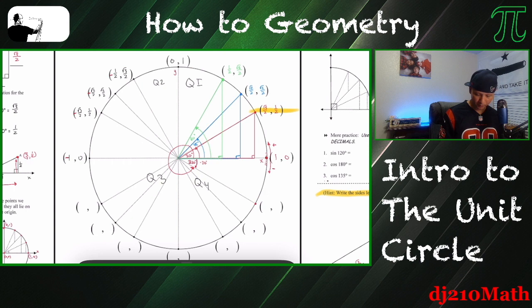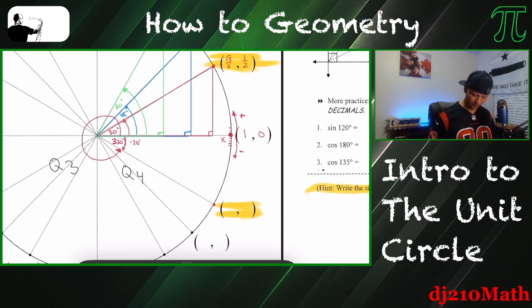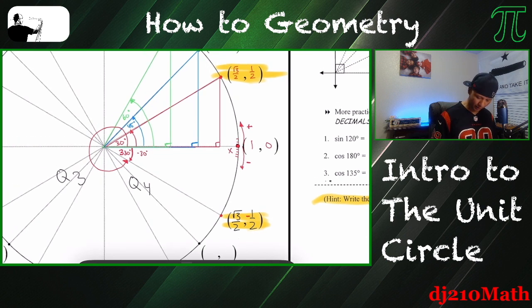Okay, so whatever this first one is, correct, because this is 30 degrees, then this one's going to be the exact same coordinate. The only difference is now we're below the x-axis, so that means y is going to be negative and x is going to be positive. So this is going to be root 3 over 2 and 1/2. But because, again, we're below the x-axis, the y value is going to be negative.